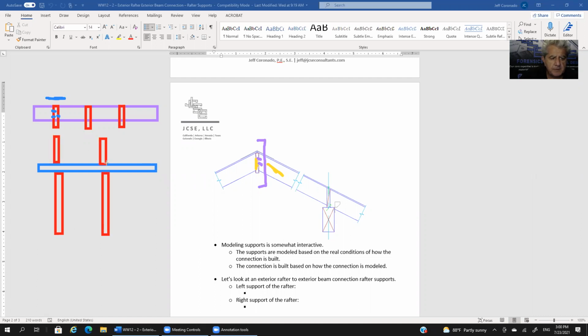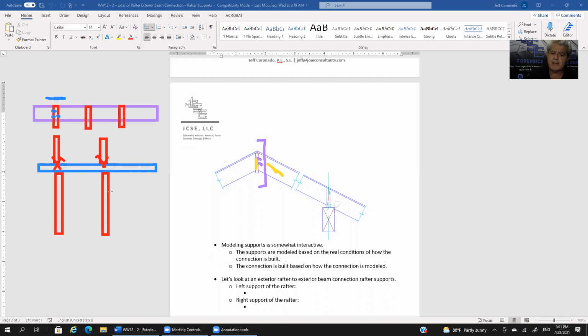Remember, this is a plan view. And then your nails, your toenails, are going to be driven at an angle through the rafter into the ridge board. This is the head of the nail out here. So you're driving a nail at an angle through the rafter and into the ridge board.